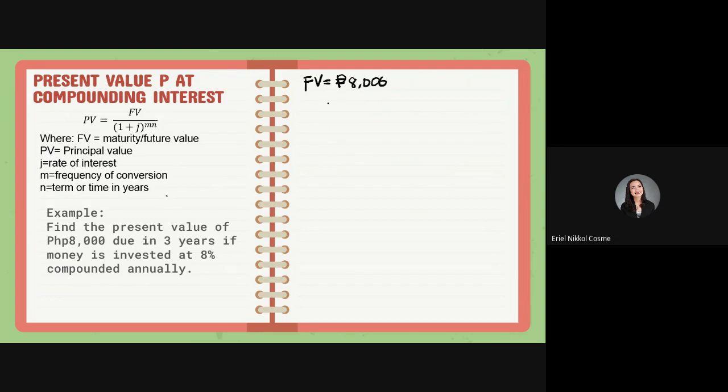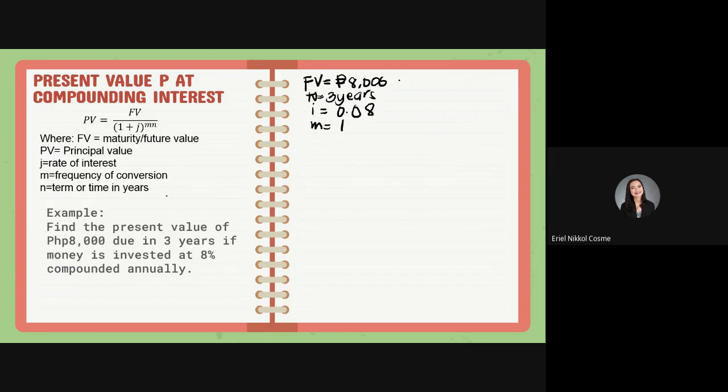Then you have your time, N, which is 3 years. Then your rate, which is 8% or 0.08. Now, let us get our conversion, which is annually. So, we need to say this is just 1.